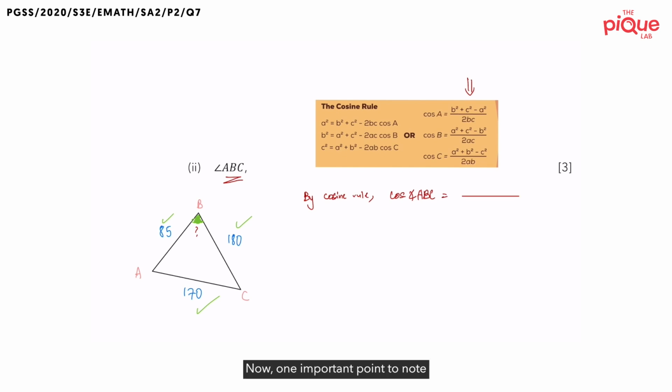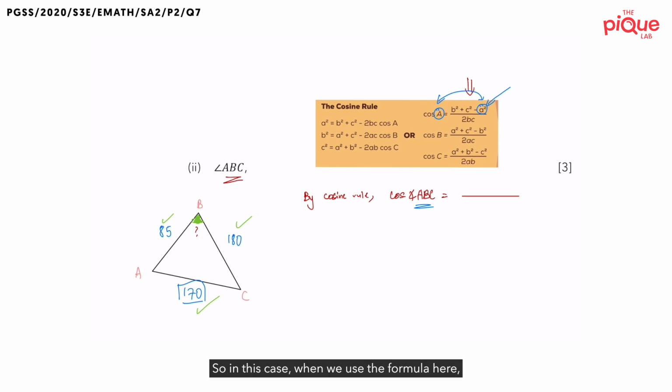Now, one important point to note when we use the cosine rule here are the corresponding angles and the value we subtract in the numerator. How do we identify this pairing here? Because we are interested in angle ABC, if we reference our diagram on the left, take note that the value we subtract will always be the side directly opposite the angle.